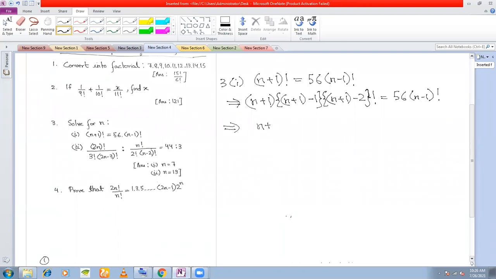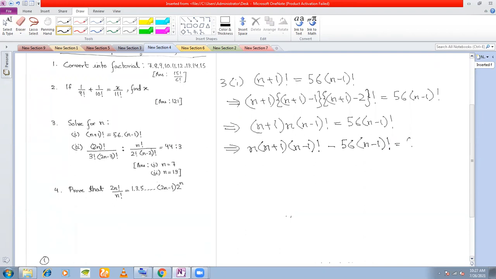So you get here n plus 1 into n minus 1 factorial is equal to 56 into n minus 1 factorial. Now you take everything on the left hand side. What do you get? N into n plus 1 into n minus 1 factorial minus 56 into n minus 1 factorial is equal to 0.